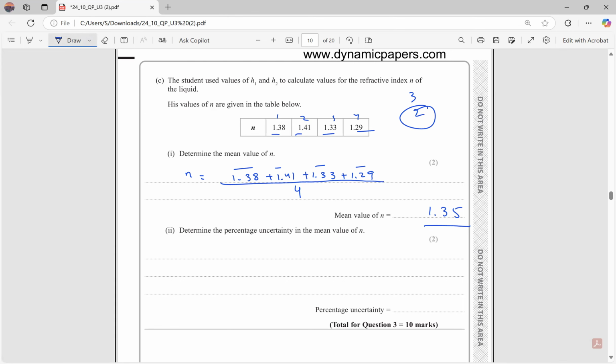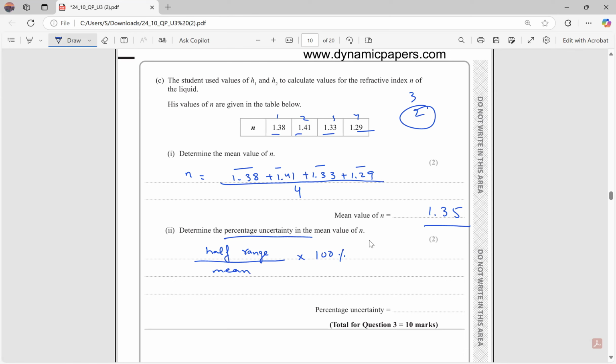Determine the percentage uncertainty in the mean value of n. So when you're given a series of values, like over here we have four values of n, and you're asked to calculate the percentage uncertainty, in that case, the formula is to take half of the range, divide that by the mean, and times by 100.